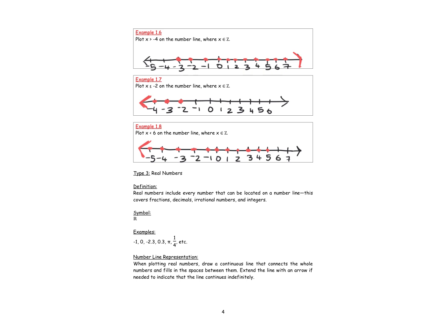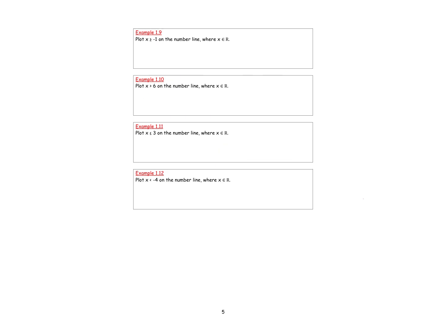And again, it's best to explain this by going through a few examples. Example 1.9 says plot x is greater than or equal to -1 on the number line where x is an element of the real numbers. So to begin here, I'm going to draw my number line, pop 0 in the center, and then I'm going to pop my numbers either side.